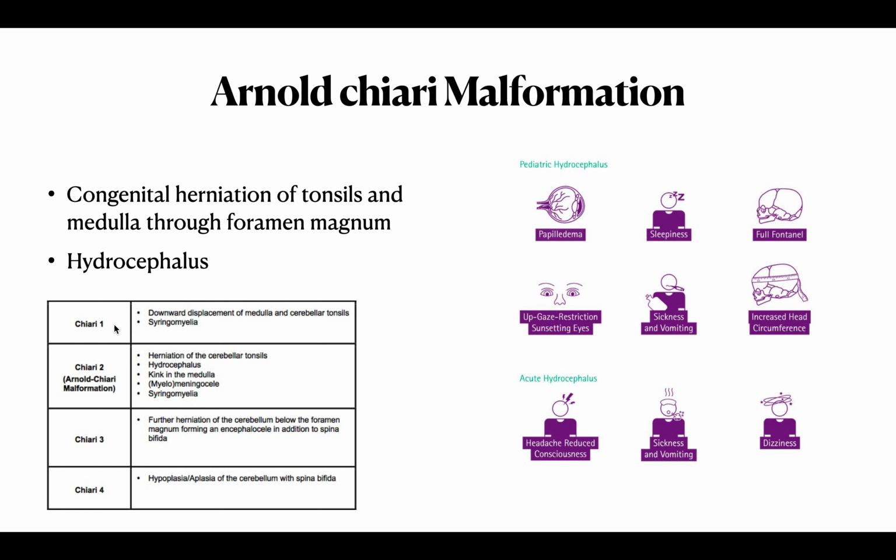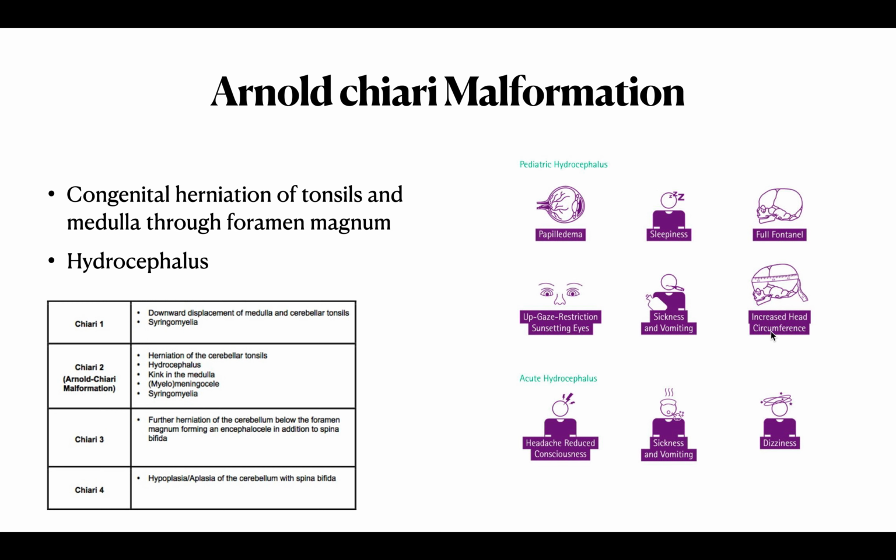So this might be just like a little bit of the tonsils poking through, but in specifically Arnold Chiari malformation, it has to be both herniations of the tonsils and the medulla. Problem is, it's going to cause a kink in the medulla and cause a blockage in the CSF flow, producing hydrocephalus.